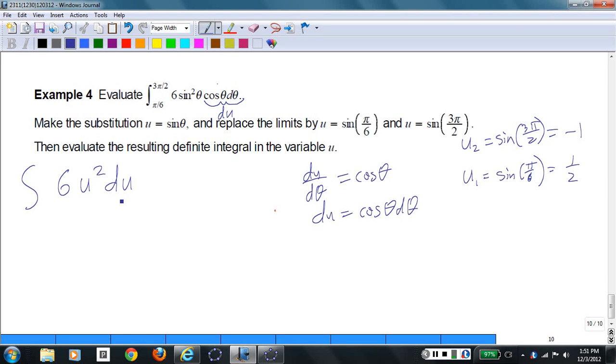Sine squared theta is u squared. Cosine theta d theta is du. So it looks like 6u squared du, but instead of going from theta equals pi over 6 to theta equals 3 pi over 2, we're going from u equals 1/2 to u equals -1.